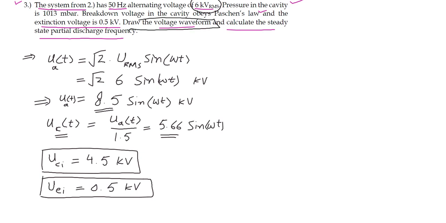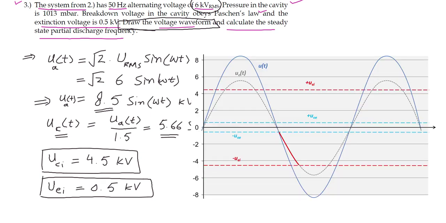Okay, so now we need to draw the pattern for the partial discharge activity. In order to draw the pattern, first we are going to plot UA, then we are going to plot UC. Okay, so this is done here. UA has a peak amplitude of 8.5, as we saw.